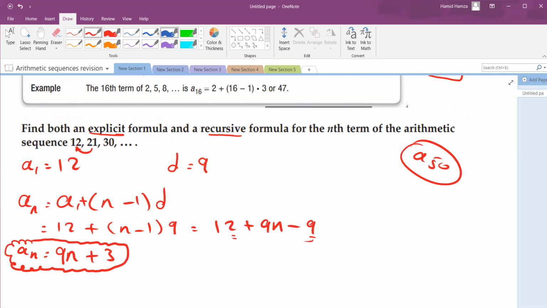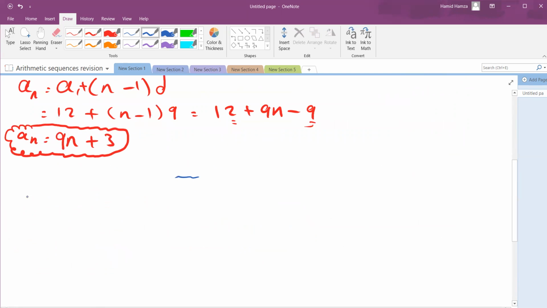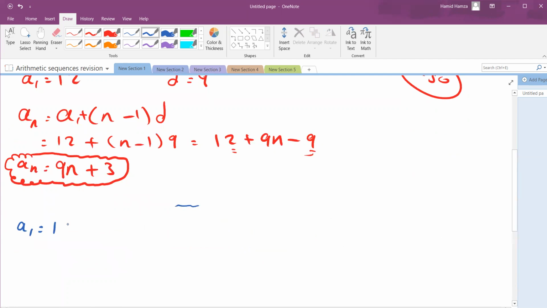So what about the recursive formula? The recursive formula is, number 1, writing A1, so A1 equals 12, and An plus 1 equals An plus D. This is the recursive formula.